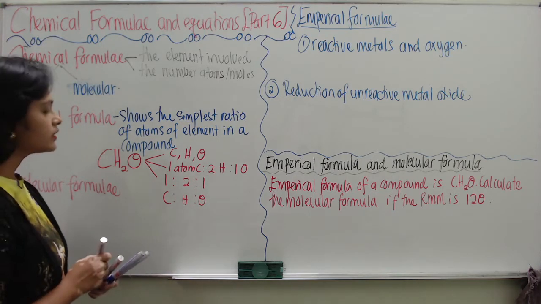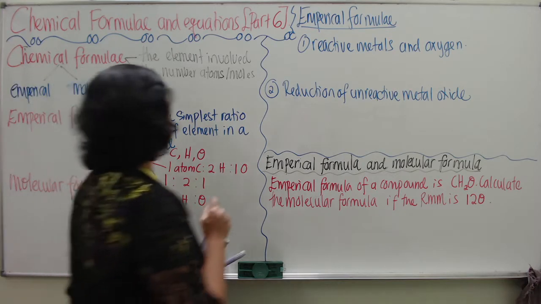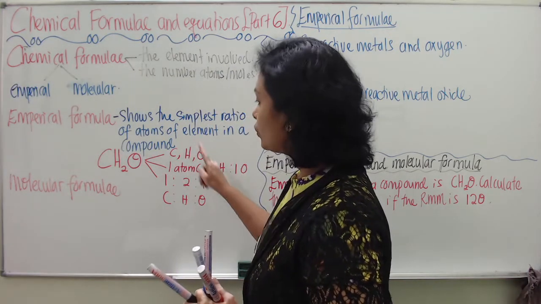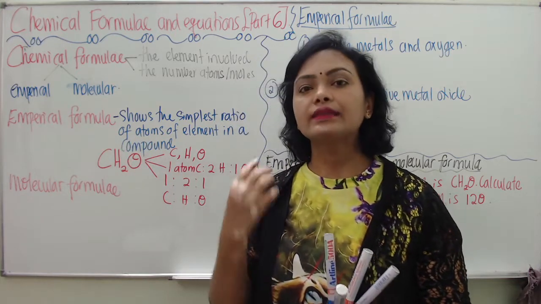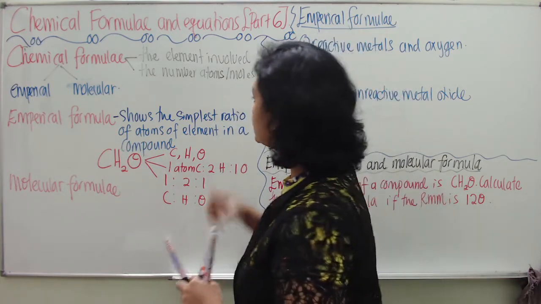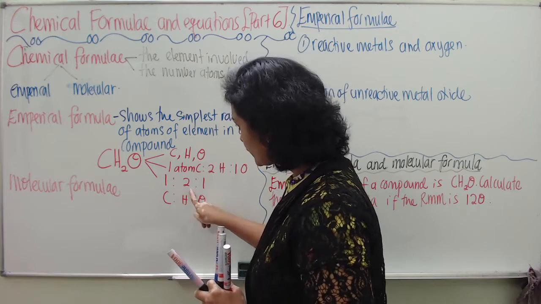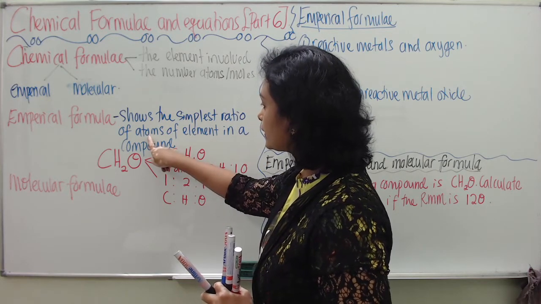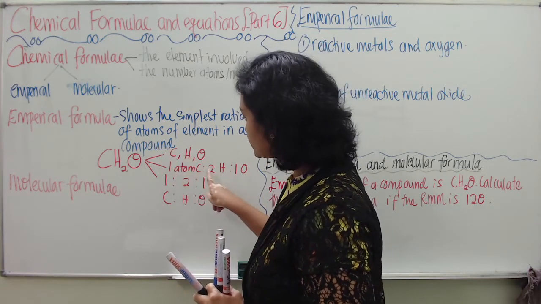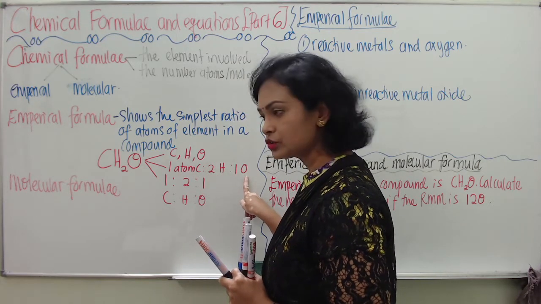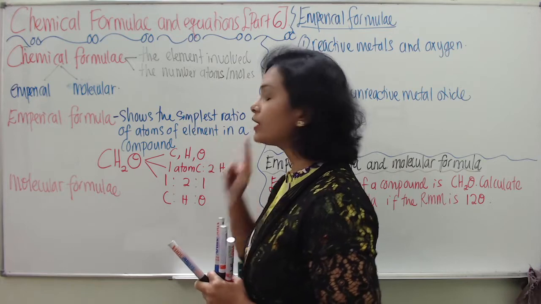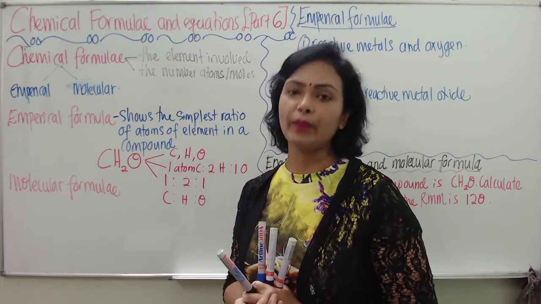So that is the reason why an empirical formula can give us three pieces of information: the simplest ratio, how many atoms are involved, one carbon, two hydrogen, one oxygen, and also the type of element in a compound.